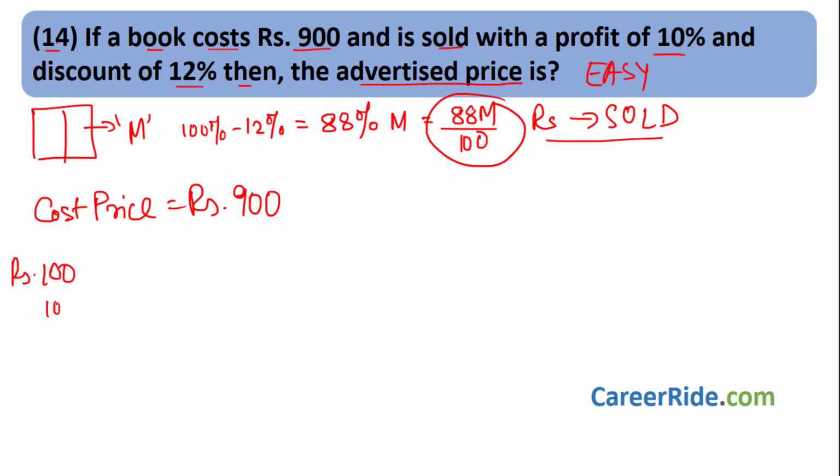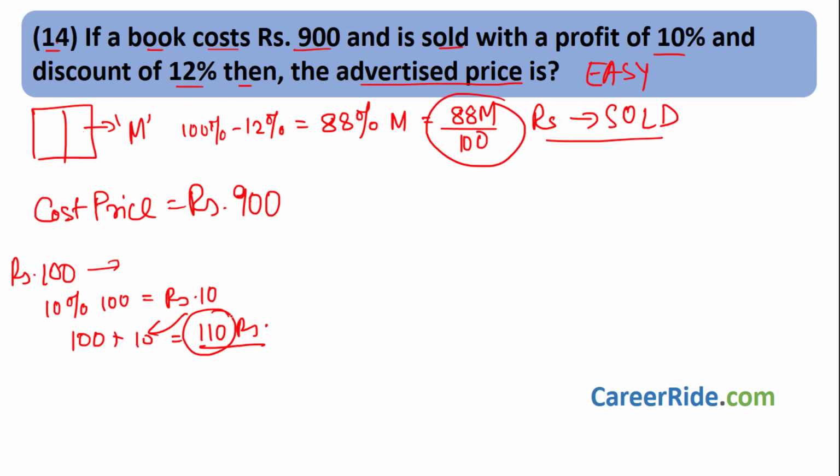You will take 10% of 100, that would be rupees 10, and you will sell the book for your cost price plus this 10 rupees profit, that is 110 rupees, right? So cost price is 100 and if you want 10% profit, you sell it for 110 rupees.